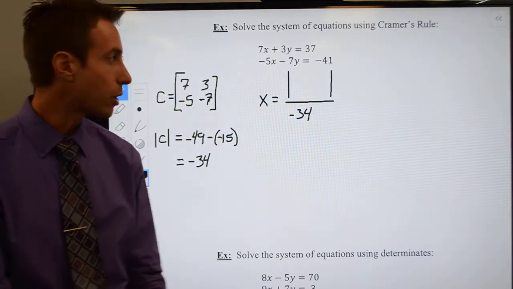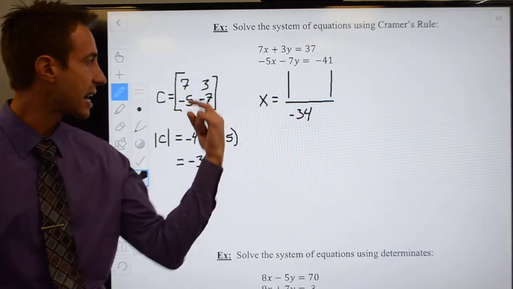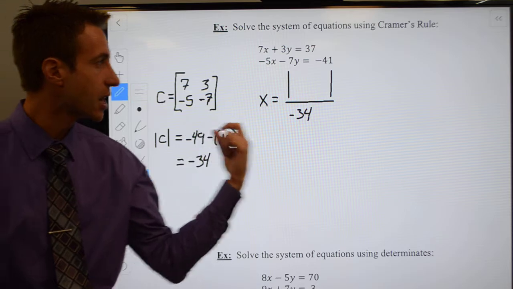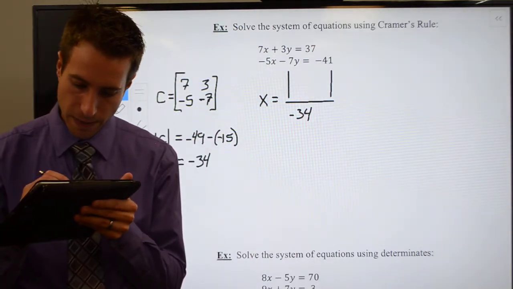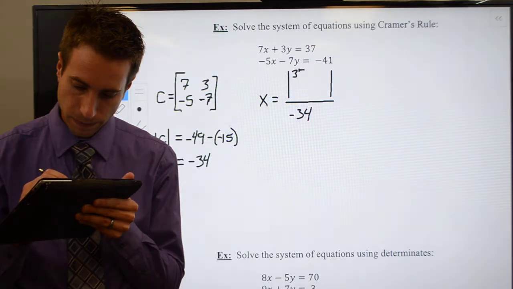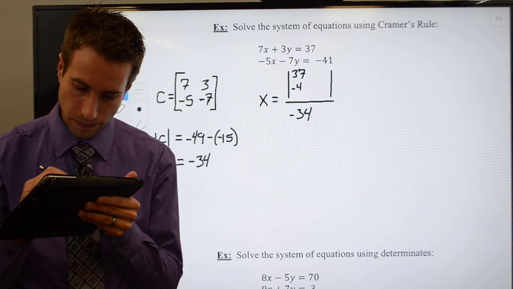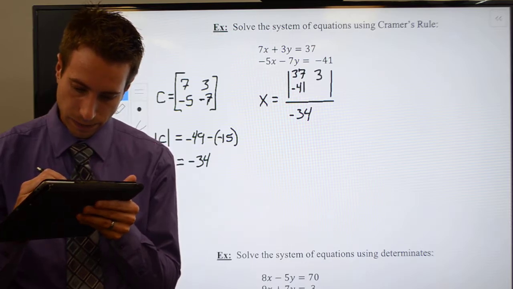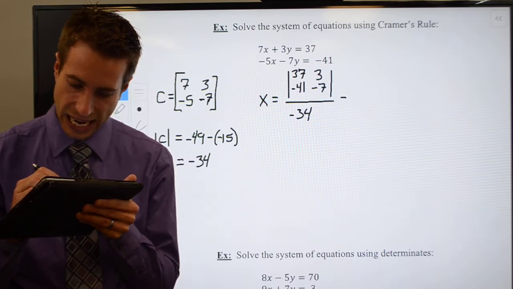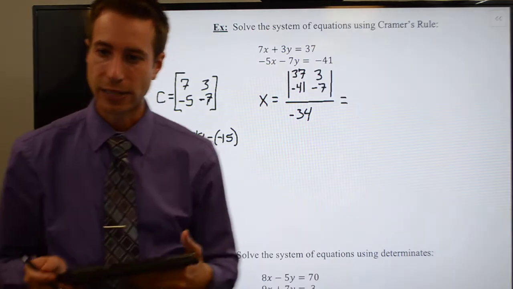Okay, again, remember the way it works. Because I am solving for x, I cannot use the x coefficients. I replace them with the constants that I was given, 37 and a -41. I keep the y coefficients and go ahead and calculate that 2 by 2 determinant.